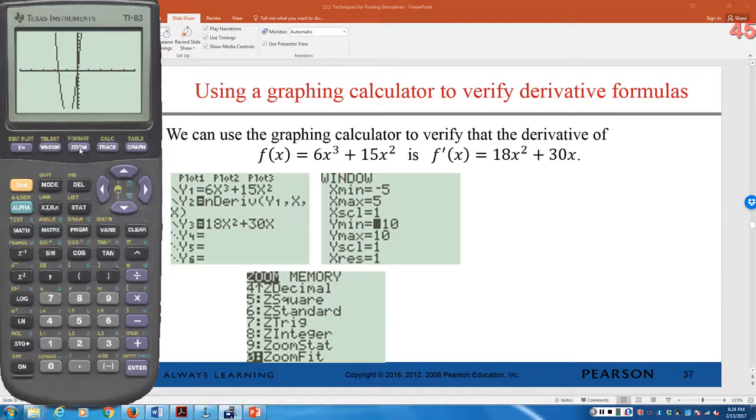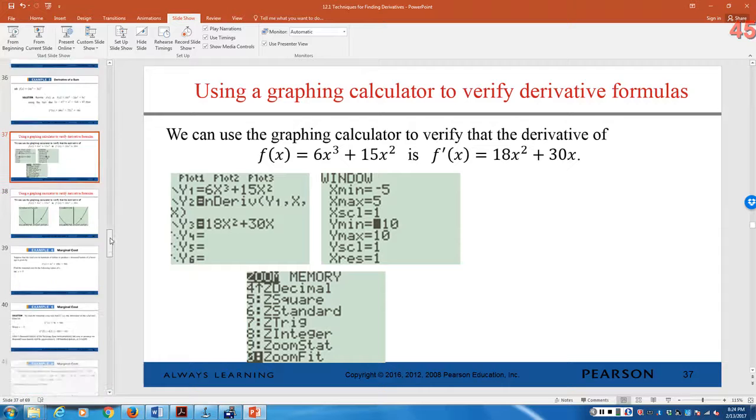And then just to be sure that it just didn't accidentally look too close there, I usually go zoom 0 to do the zoom fit screen. And it's still graphing. So even if I zoom out, I'm still seeing pretty much that it looks the same. I'm only seeing one line. Okay? So I feel pretty good that I did the calculus right.